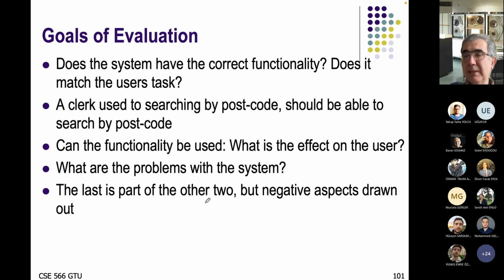What are the problems with the system? Can the functionality be used? So generally, the program should function correctly. Plus, it should function well. So how well it performs is the usability part.